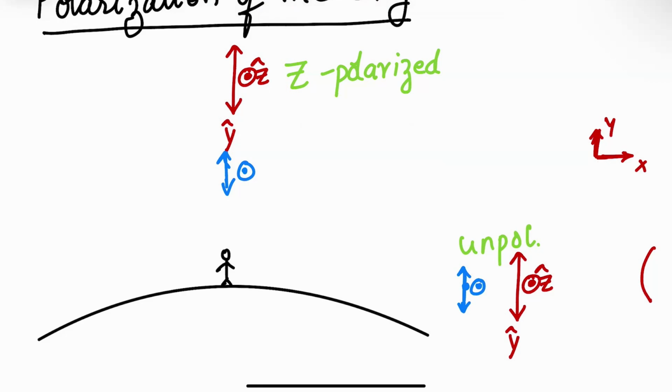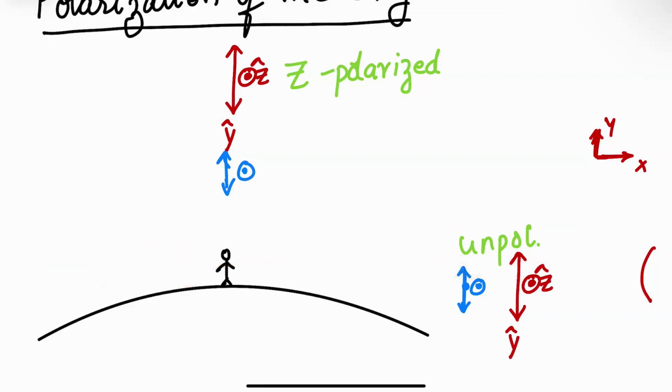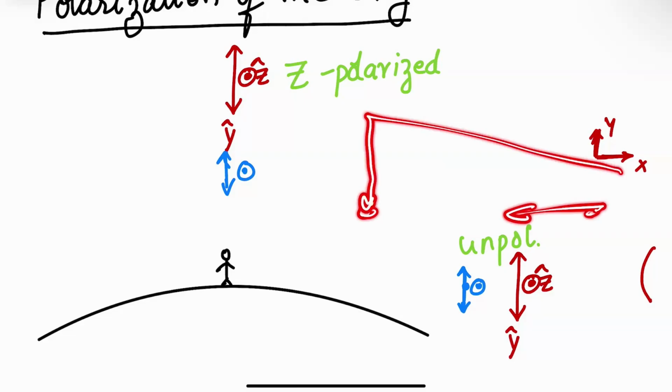Now, of course, there is also scattering from the wave that went there and then scattered back to you in this direction, and that also will be unpolarized. But now there is a wave that went behind you and then scattered towards you. If you look from above, if you are here and the sunlight is coming from there, it's the scattering that came like that.